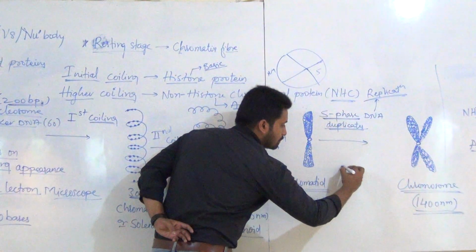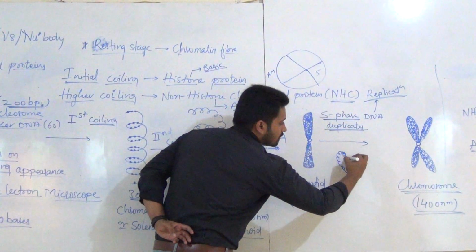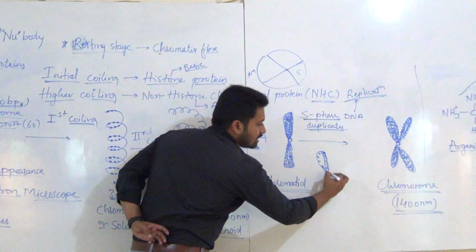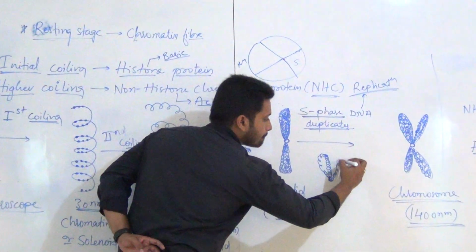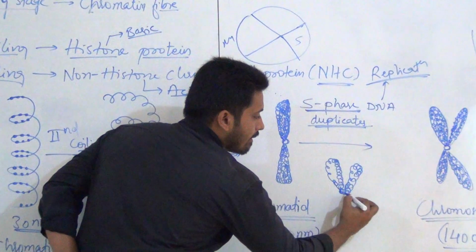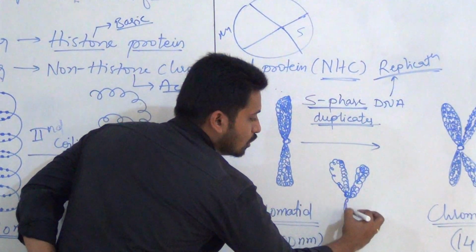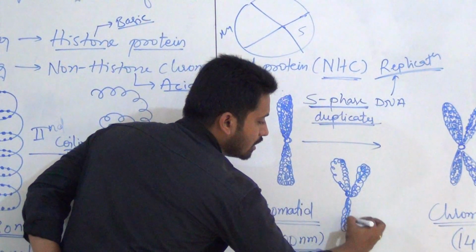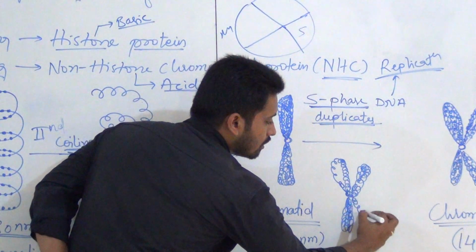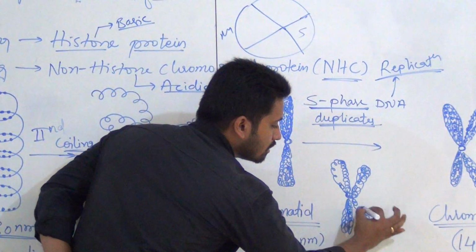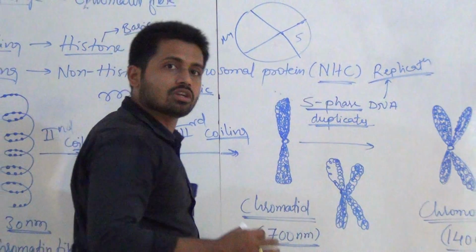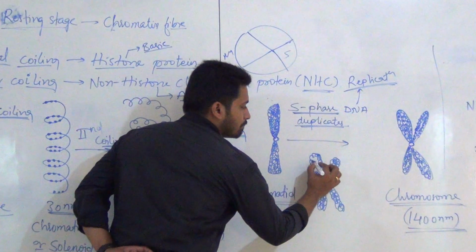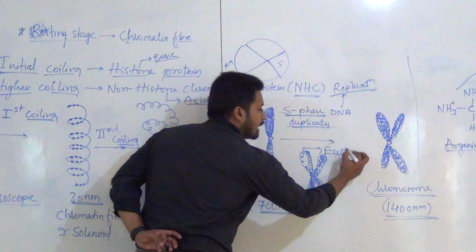In this thickening, the part which is loosely packed is called euchromatin. You already studied this in first year.